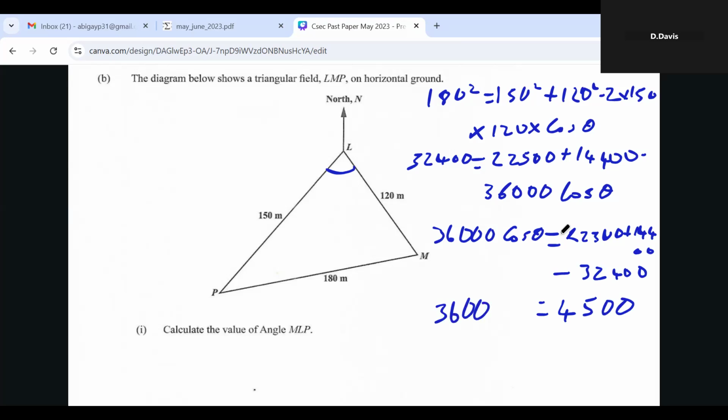What is cos? Pay attention, make cos by itself. And put 4,500 over 36,000. And theta is going to be cos inverse. And what is 4,500?